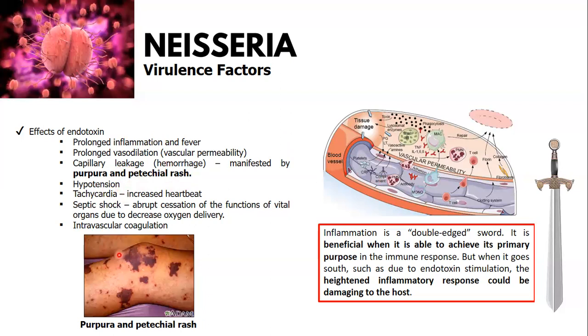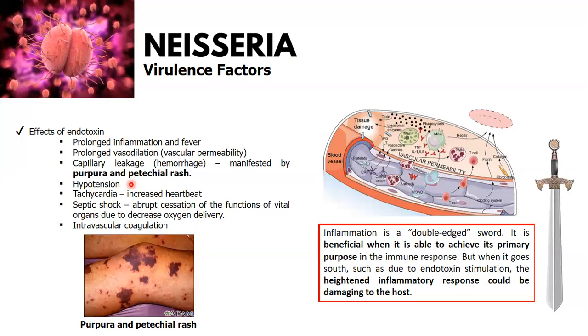So this is a picture that shows purpura and petechial rash, and this results from prolonged capillary leakage as a result of prolonged vasodilation. And take note that since there is prolonged hemorrhage or capillary leakage, there would be hypotension. When we say hypotension, the blood volume in the circulation would be decreased.